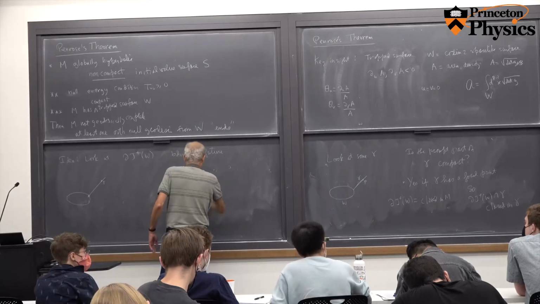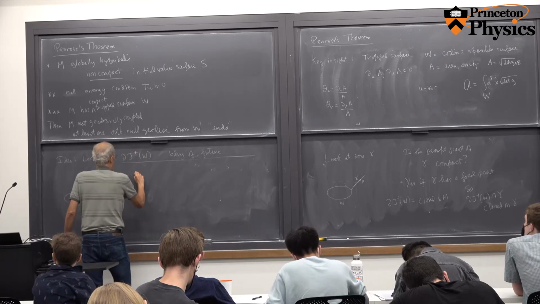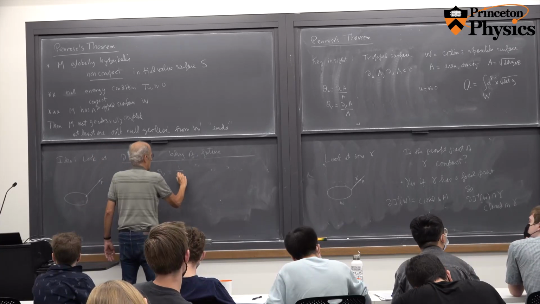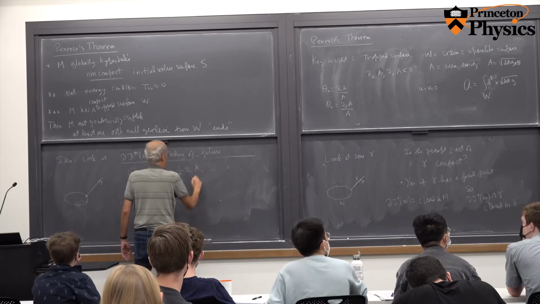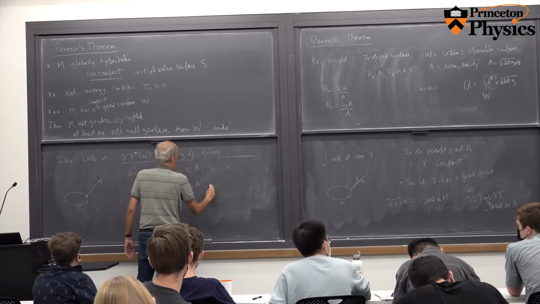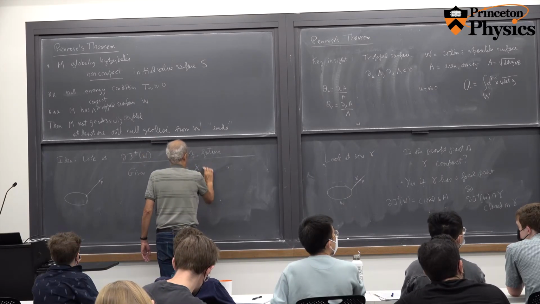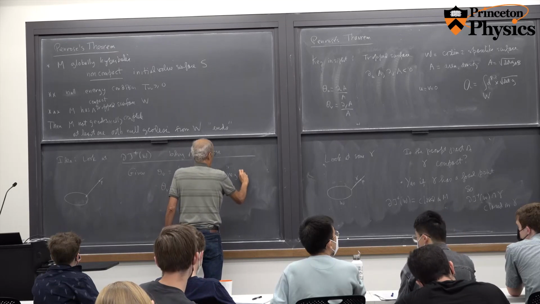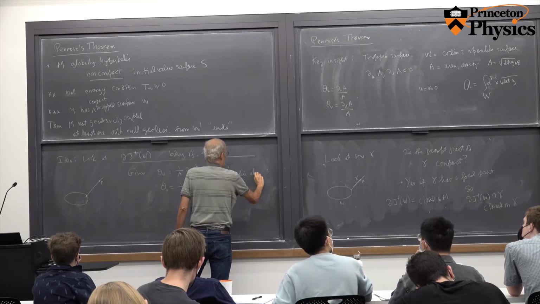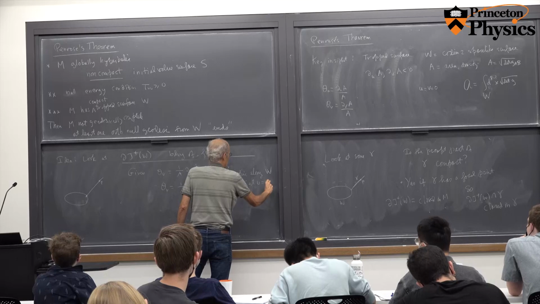Now, in the hypothesis of Penrose's theorem, we're given that theta u and theta v are negative along W, in other words, at u equals v equals 0.